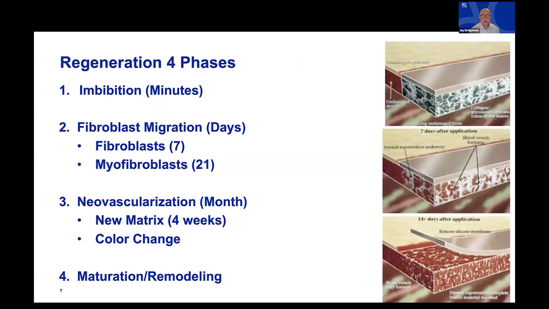And what's known to occur histologically is that the matrix from the product is replaced by your own type 1 collagen matrix, and that with influx of cells and vessel formation, the color changes to a kind of a dark pink or salmon color. So there's definitely a clinical color change as the neovascularization is completed. And then beyond that, this layer called neodermis matures, and it can get actually kind of a little bit thinner and more pliant over time.